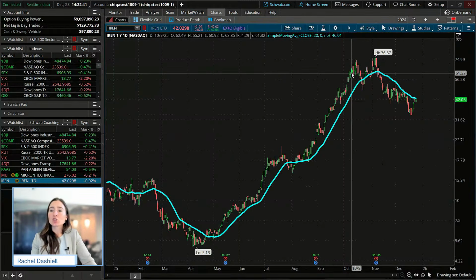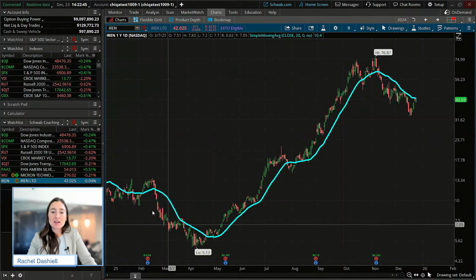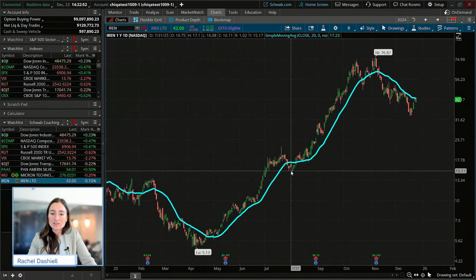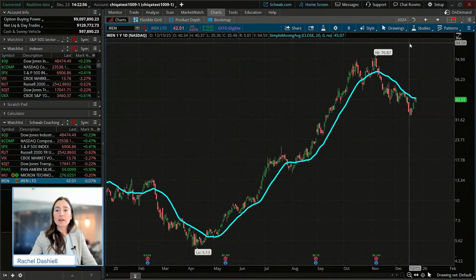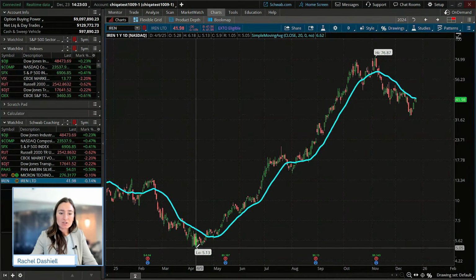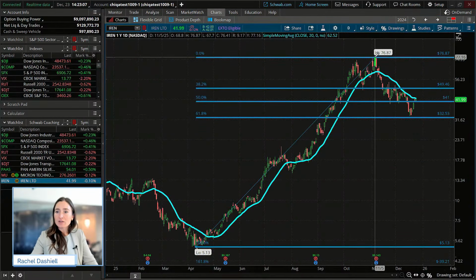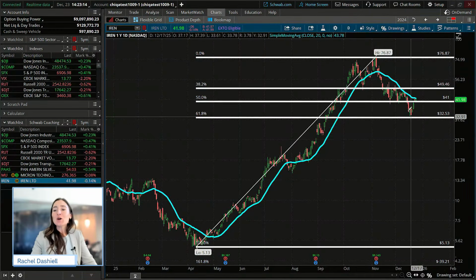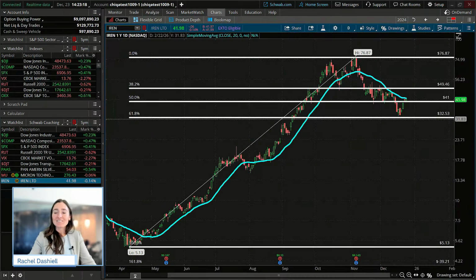So if you're more of a longer term type of trader, and let's just say you got into this stock when it completed this base right here and broke out to the upside, or you bought it on a dip, whatever that may be, if you have held this for the long term, what you could do as a longer term trader or as an investor, you could take these lows to these highs right here, those all-time highs that we saw, and you could look to see where price retraced to, which would have given long-term investors an area when we saw this break out, or that kind of confirmed bounce from that 61.8% retracement.